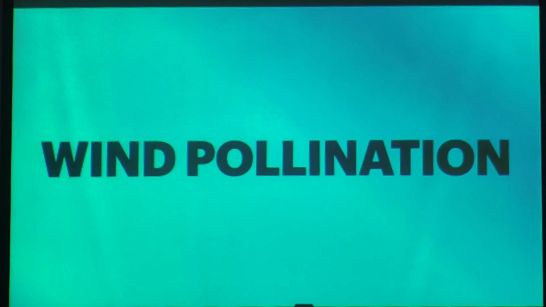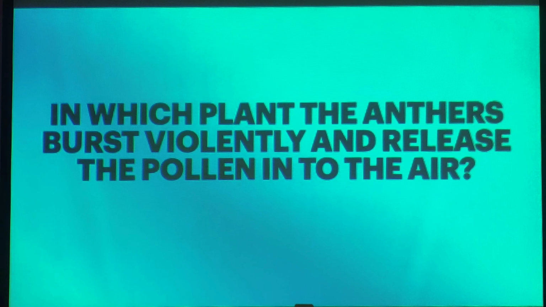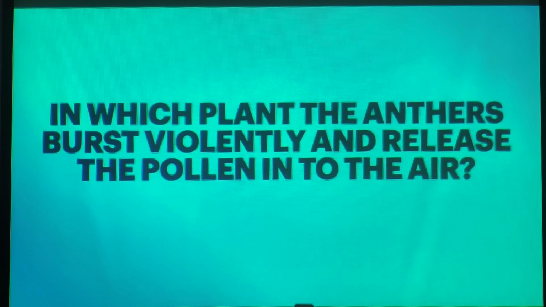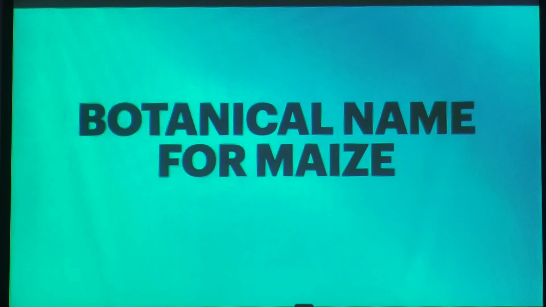Wind pollination, that is anemophily. In which plant the anthers burst violently and release the pollen into the air? Urtica. Botanical name of maize.